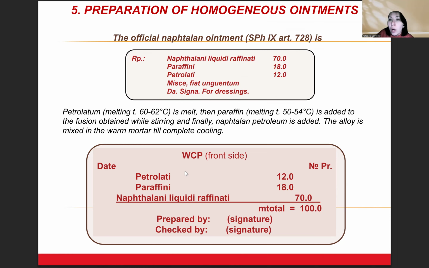You may ask me why should we place it into the mortar and mix it with a pestle if we can just put it straight to the jar. There is an interesting physical effect. If you make an ointment alloy and you skip this stage with mixing, and it cools down in a jar without mixing in a mortar, it has a consistency like a lip balm.